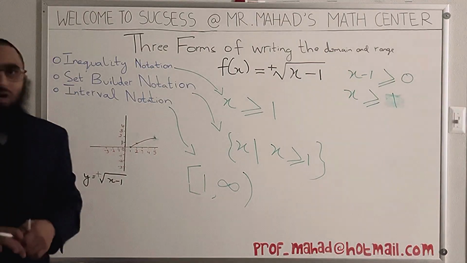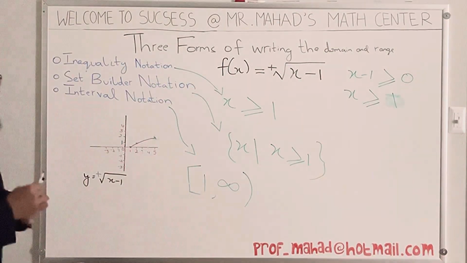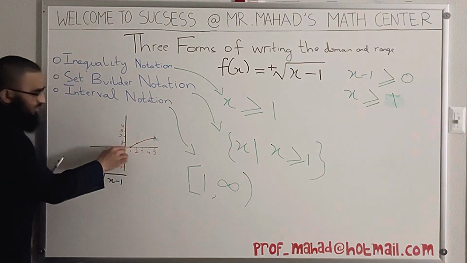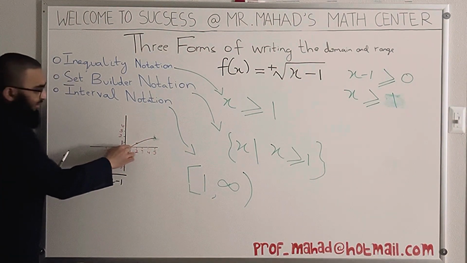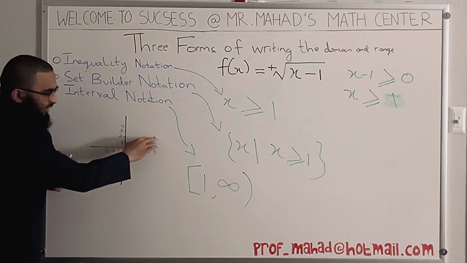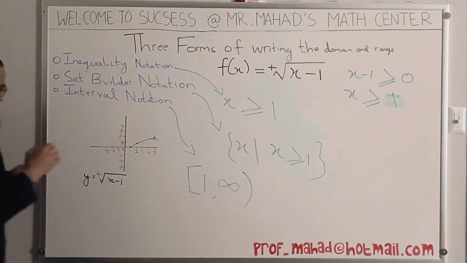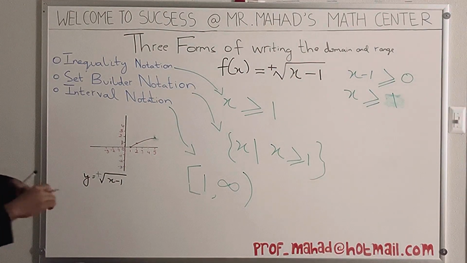Now guys, what about the range of this function? The range begins at y equal to 0, and this will eventually keep on increasing and never stop, unless we stop it.